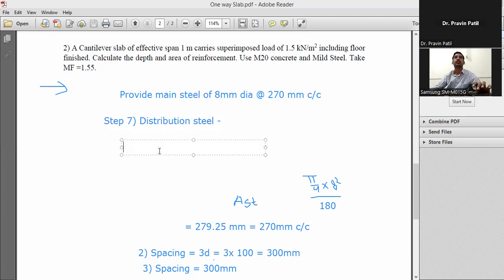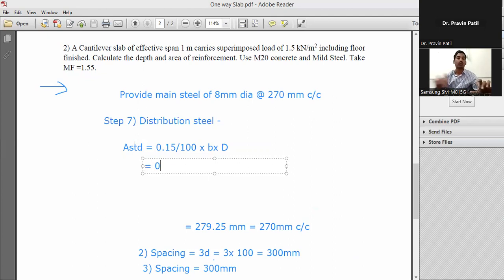Distribution steel: ASTD is equal to 0.15 by 100 into B into D. For distribution steel with Fe 250 grade of steel, that's why it is 0.15%.